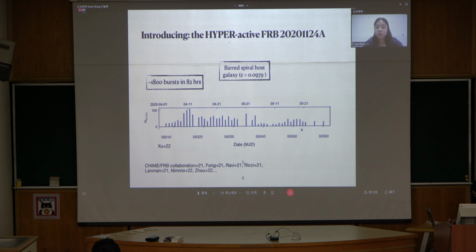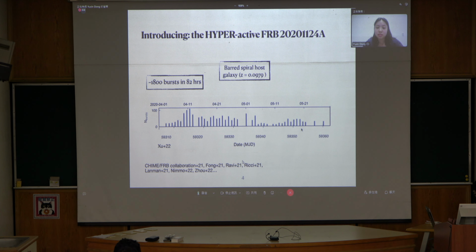So now I'm going to introduce the hyperactive FRB 20201124A. The plot is showing the number of bursts detected in the observing windows from Xu et al. 2022 using the 500-meter Aperture Spherical Telescope, or FAST. They observed a grand total of 1,800 bursts in 82 hours. So it's definitely super active.